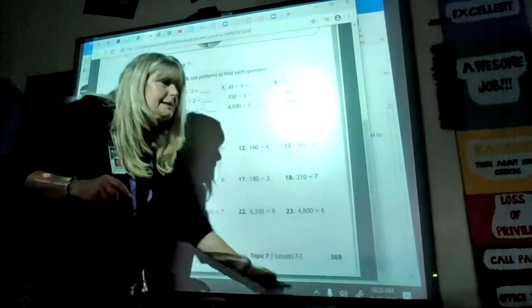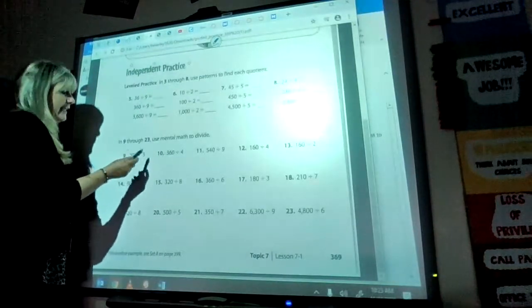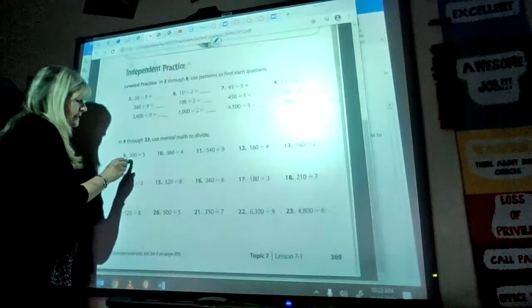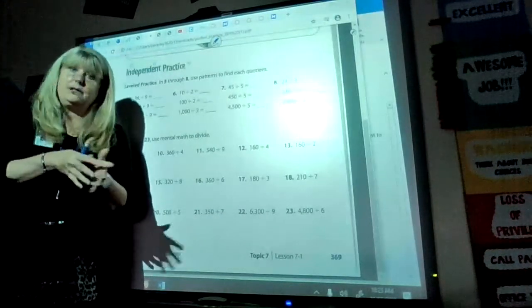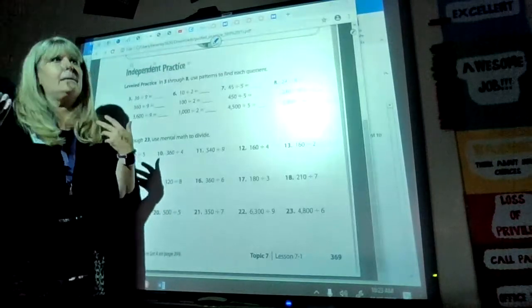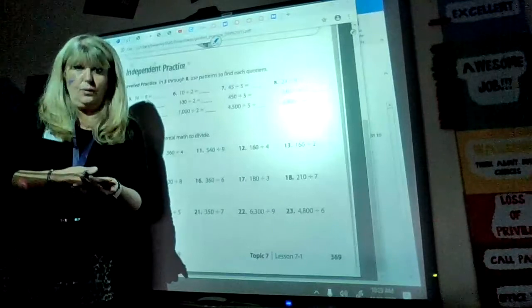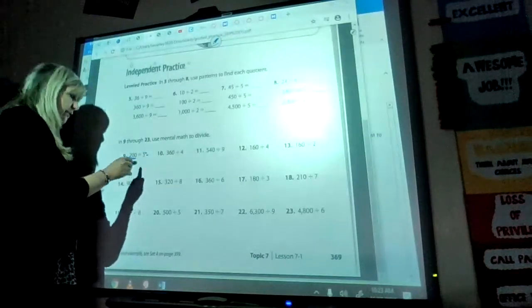And I'll give you one example. When I look at this first one, when I look at 5, I'm going to see, is there anything that I can divide 5 into with 20? 20 divided by 5 is what? Well, in my mind, I'm thinking, okay, well, 5 times 4 gets me 20. So I know that my answer has to be 4.